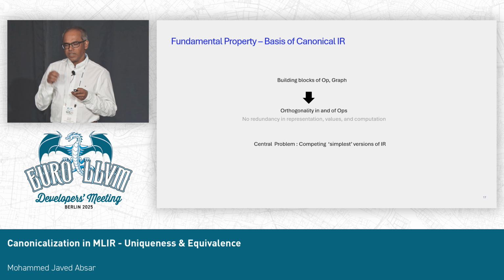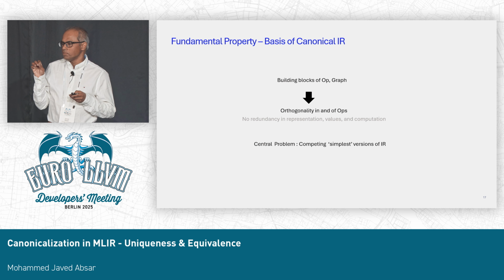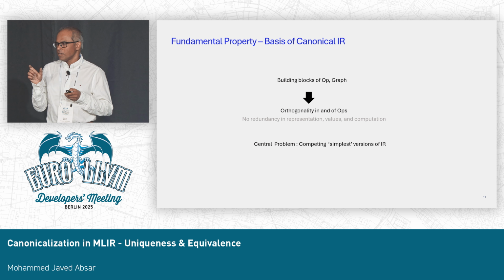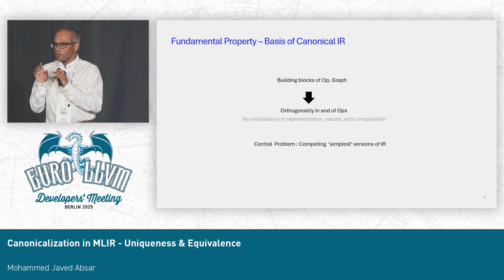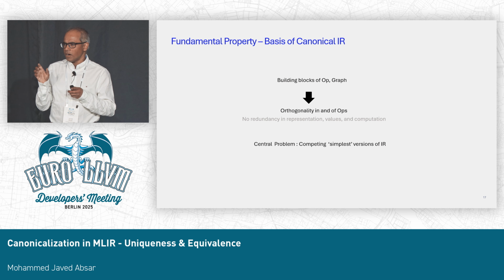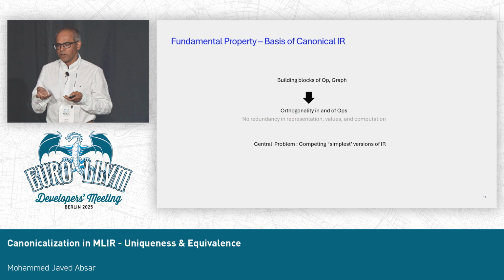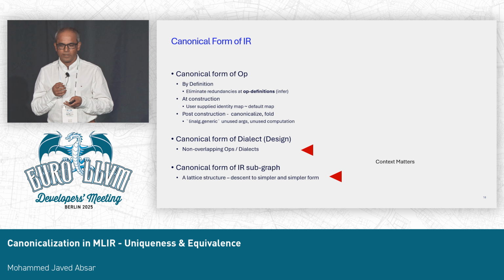If you really think about it, what we are looking for is orthogonality, meaning that if you have an op doing something, that op should not be able to do the same thing in 10 different ways. For ops that's pretty easy, but when you have a bunch of ops, if you can rewrite the IR in 10 different ways, then you don't have a canonical form. So you have competing simple forms of IR.